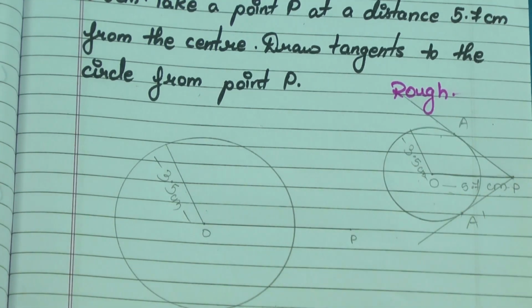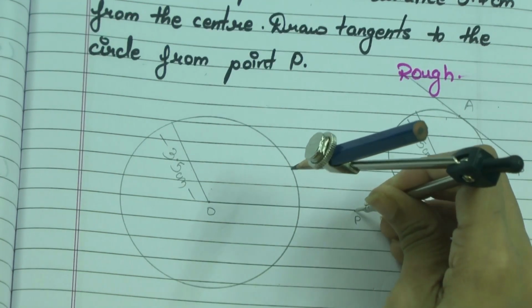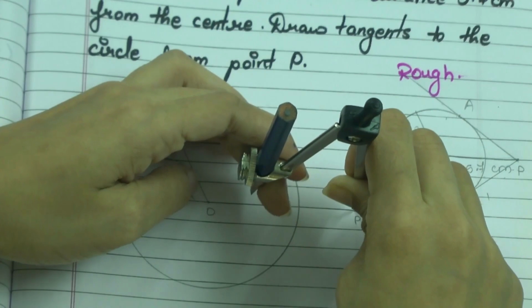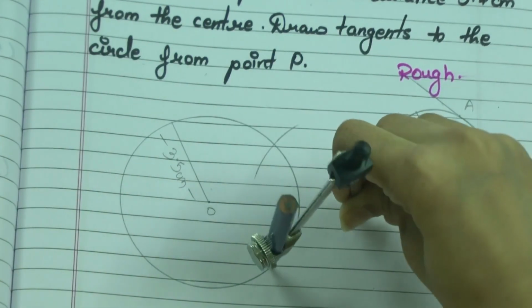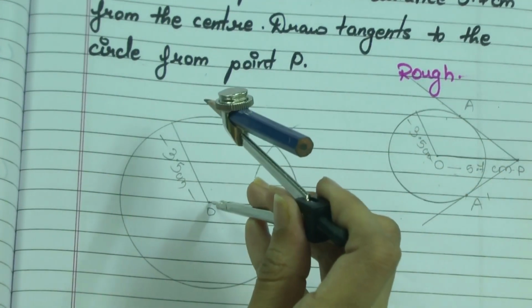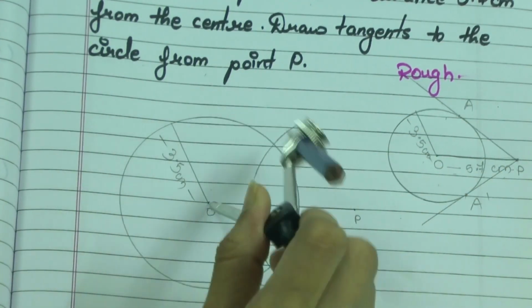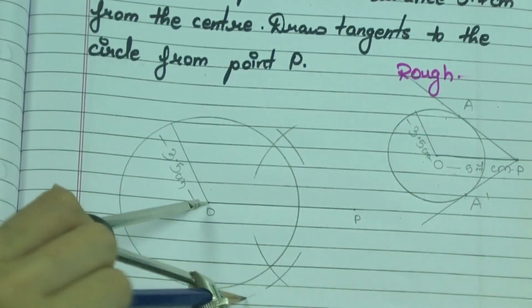Now, as we have already done, keep the pointer of the compass on point P, take more than half, give an arc above, give an arc below. Now take the pointer and keep it at O, give an arc above and give an arc below.